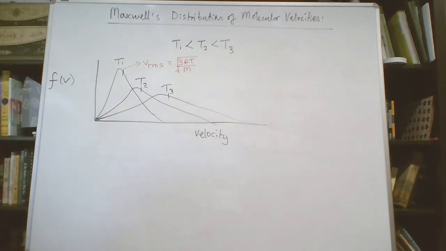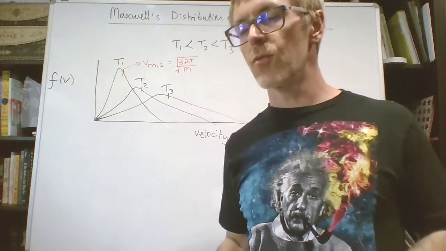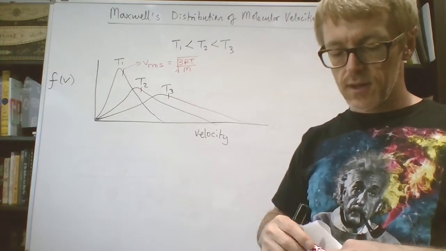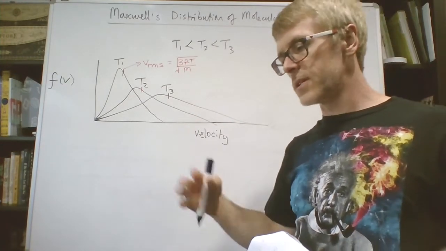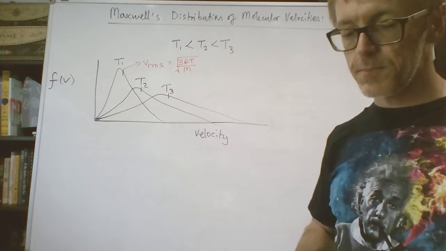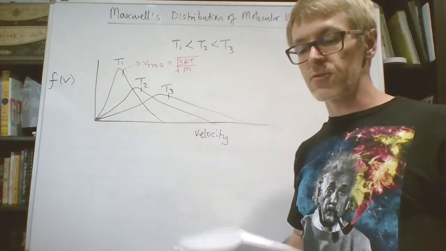There's different types of velocity you can look at. The average velocity, the root mean square velocity. I'm not really interested in distinguishing and differentiating between them here. This is the one that we'll need at least at this introductory level.